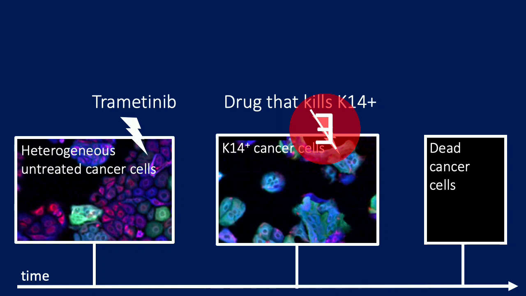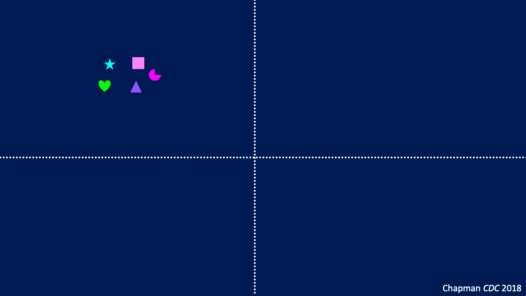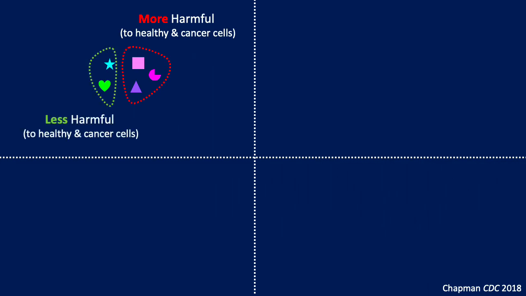Consequently, we studied the drug scheduling problem from a more abstract mathematical perspective. We could start with a collection of drugs at a single dose. Some of these drugs are more harmful to healthy and cancer cells, and other drugs are less harmful.